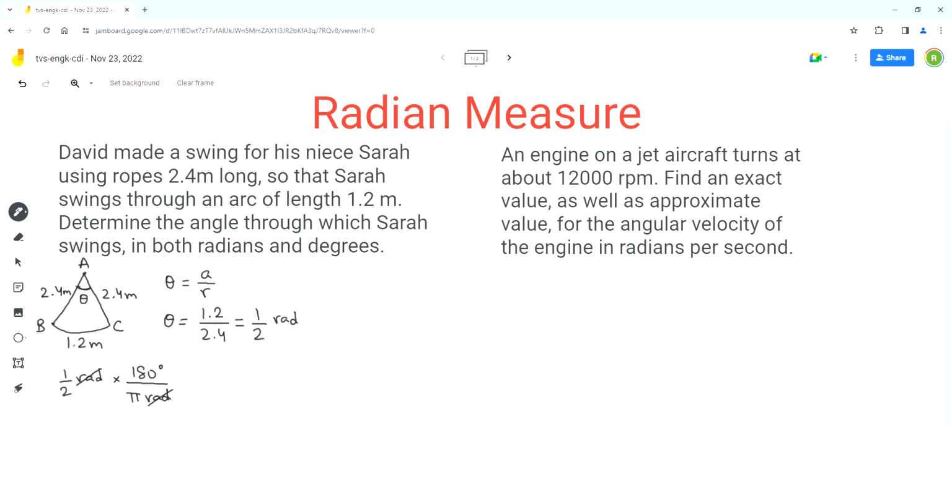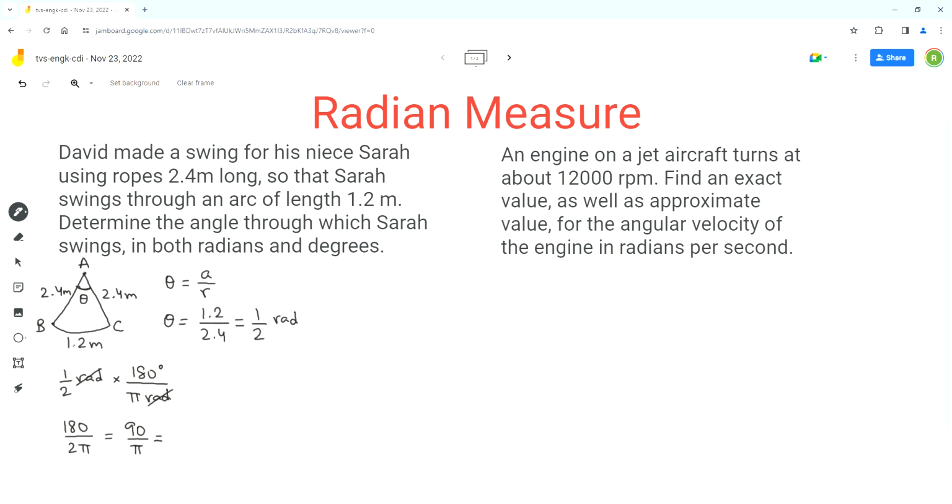So when we multiply these fractions, we get 180 over 2 pi. When we multiply fractions, we multiply the numerator terms and the denominator terms. And this is in degrees, and this fraction can be reduced to 90 over pi.